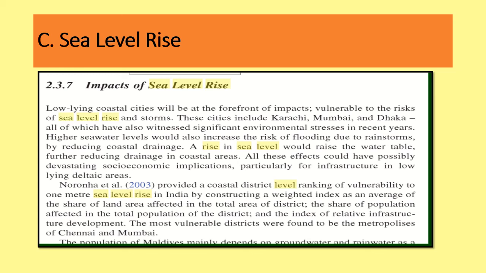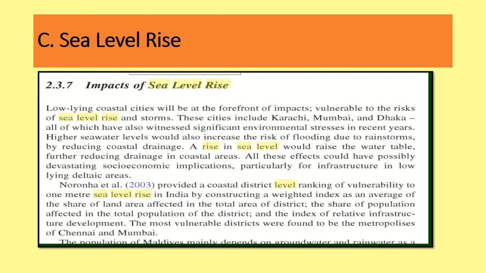They are more vulnerable. And second, the higher seawater level increases the risk of flooding due to rainstorms by reducing the coastal drainage. So sea level rise also destroys the coastal drainage system or estuarine drainage system.